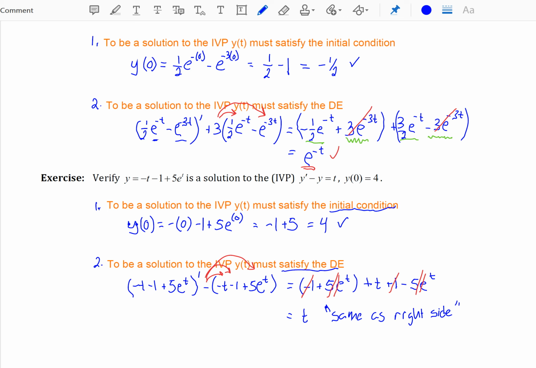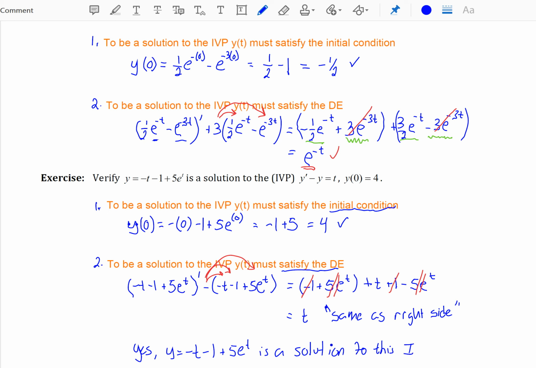So in conclusion, we can say yes, y equals negative t minus 1 plus 5e to the t is a solution to this IVP.